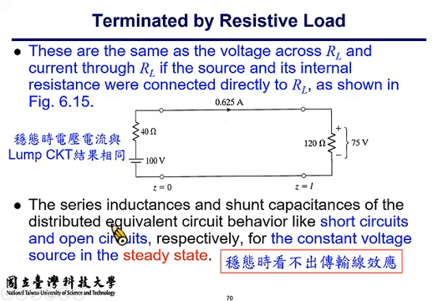You simply ignore the transmission line, and you can directly find the steady state voltage and steady state current using lumped circuit analysis. 用传统的电路学分析就可以找到稳态的结果。那个时候在稳态分析的时候，其实传输线效应是看不出来的，就像这边所说的。The series inductance and shunt capacitance of the distributed circuit of the transmission line circuit model does not come into play for steady state analysis.